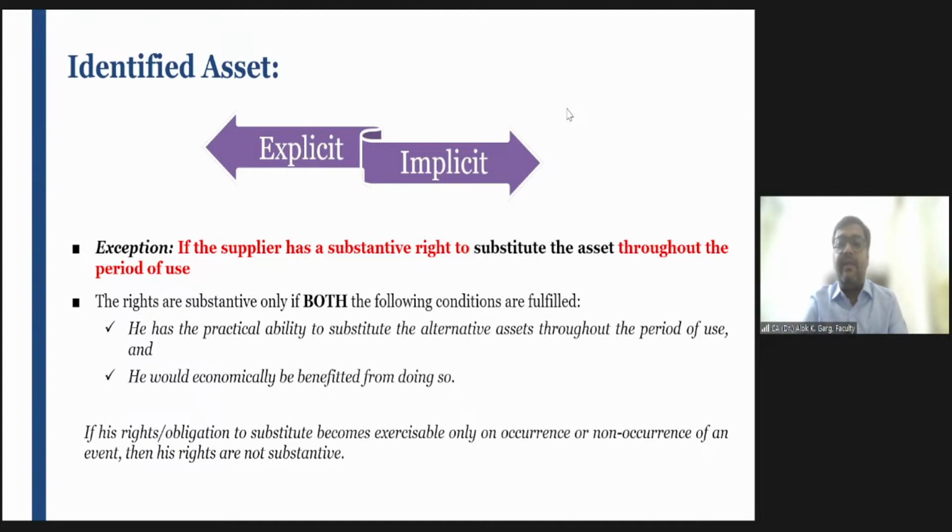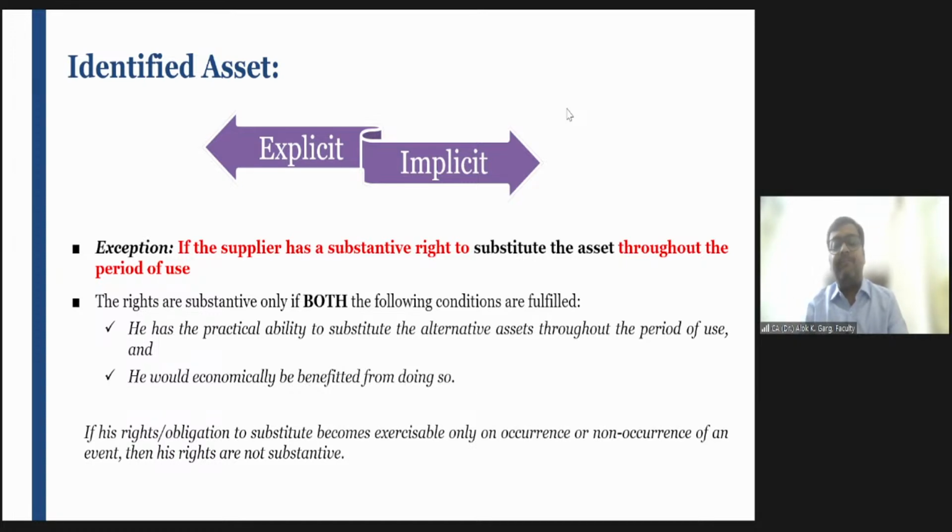For example, if it is mentioned in the contract that the car bearing registration number DL10X2Y is given on a lease basis, it means the lessor cannot change this car. The lessor cannot replace this car with another car while providing this asset to the lessee.